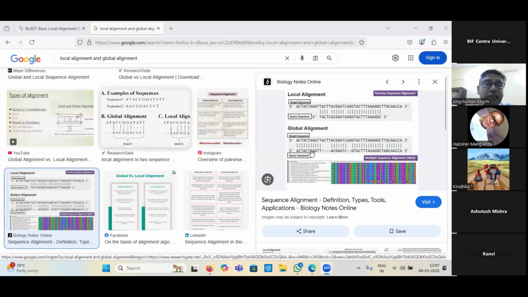If you look here, global alignment means alignment from the first letter to the last letter. And local alignment means alignment between only these portions, only specific portions. And in sequence alignments, we have complete exact matches, and these are the mismatches, represented by the dots.